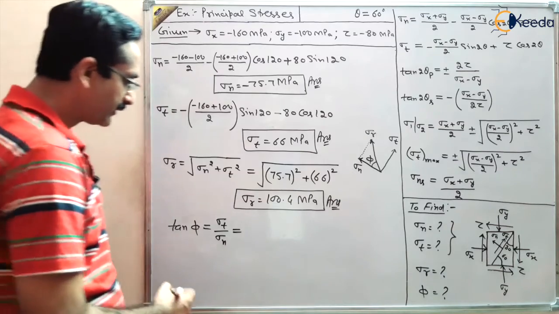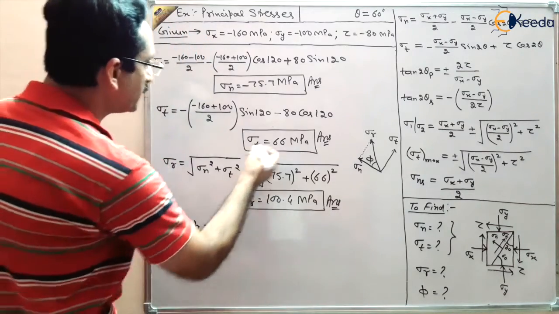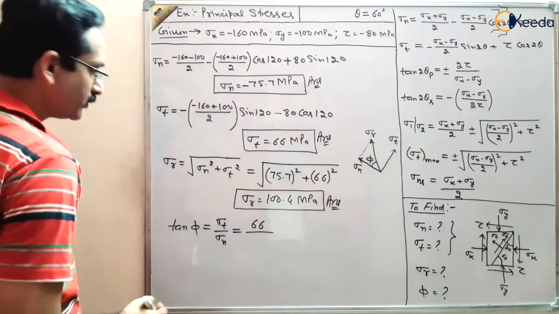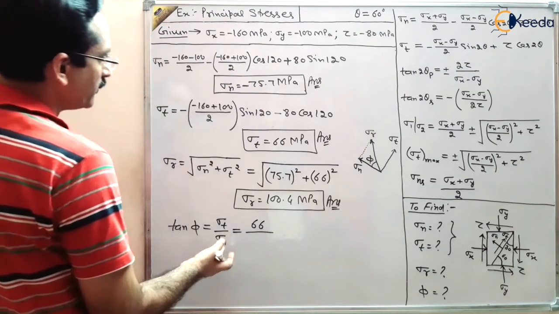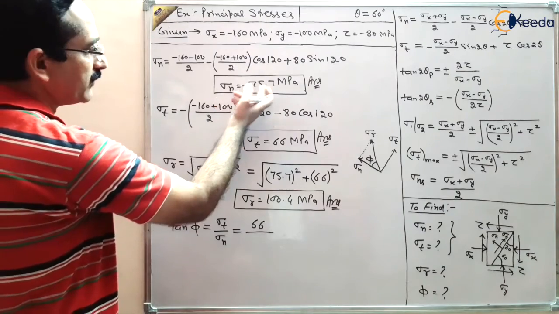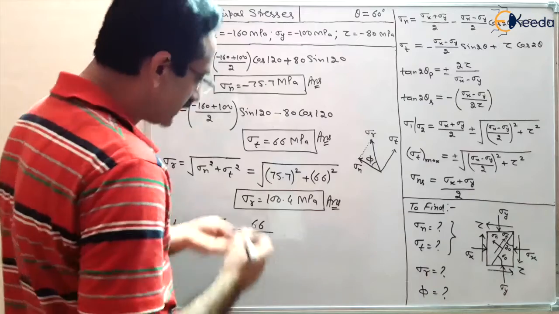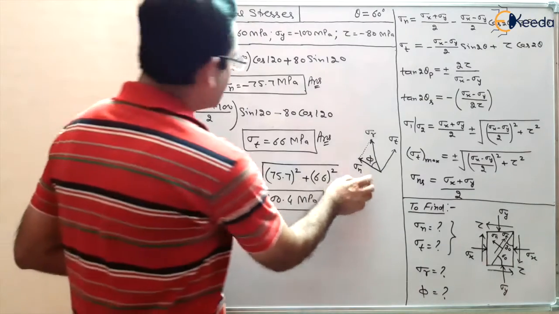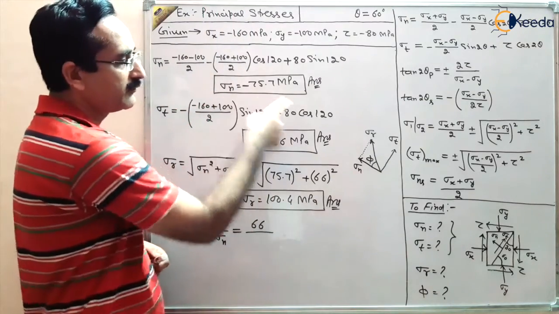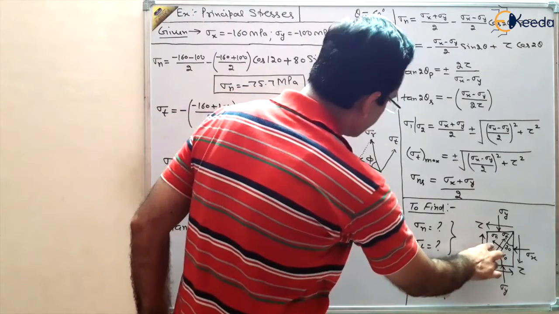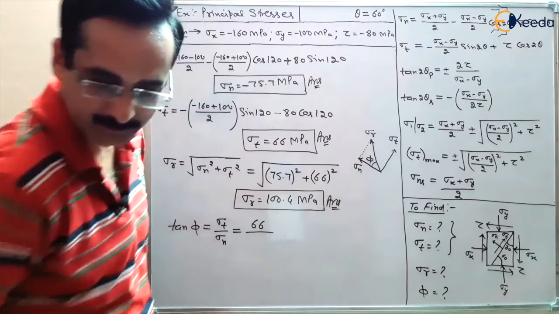Put the sigma t value, which is 66 megapascal, and you can take the magnitude of both, or you can use the negative direction, because our sigma n is negative. Sigma n is compressive, and we are using tensile in our stress element, so you have to reverse this direction.